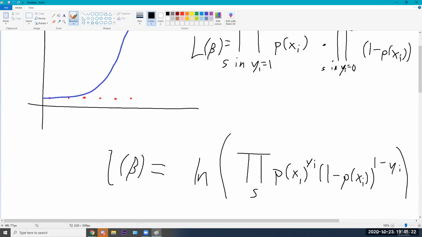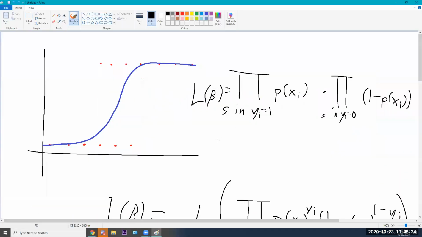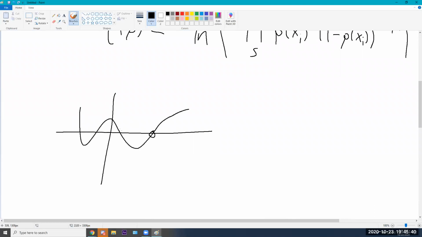But we can't do that here. We have to find beta parameters that minimize this numerically, just using estimations. And so now this is similar to that Newton-Raphson method that I was talking about before, where it finds the closest root, right?